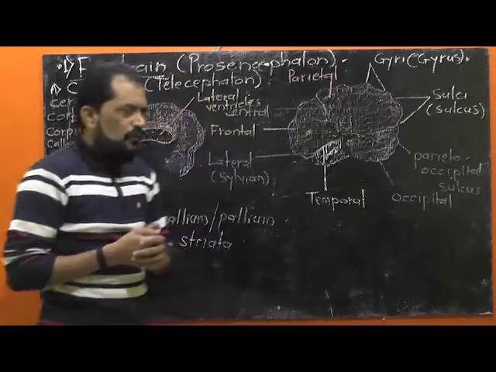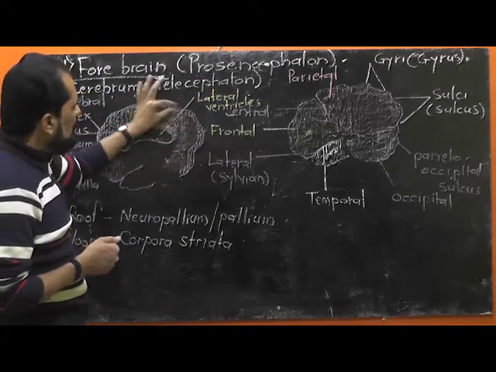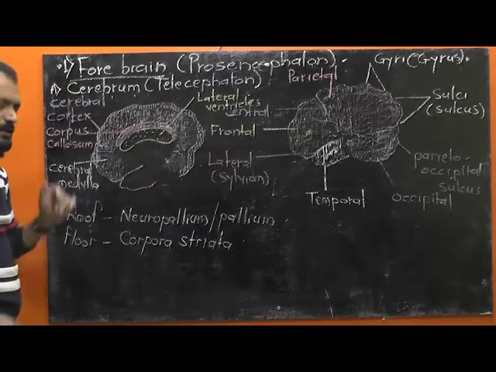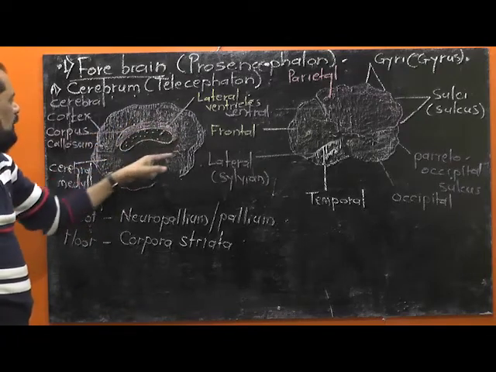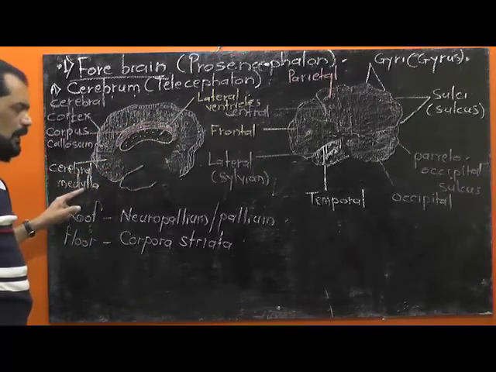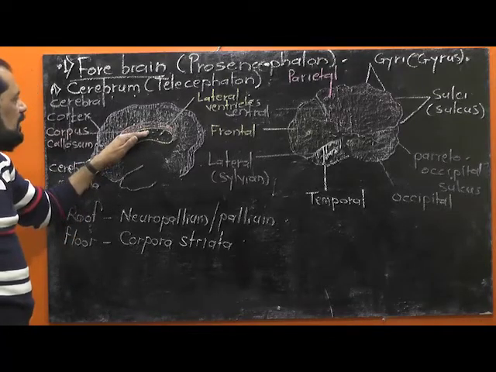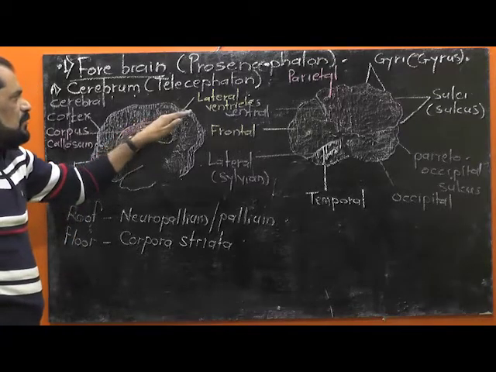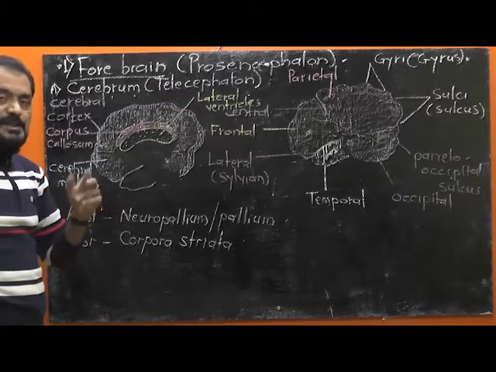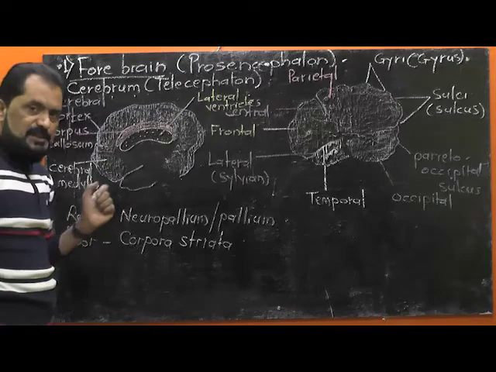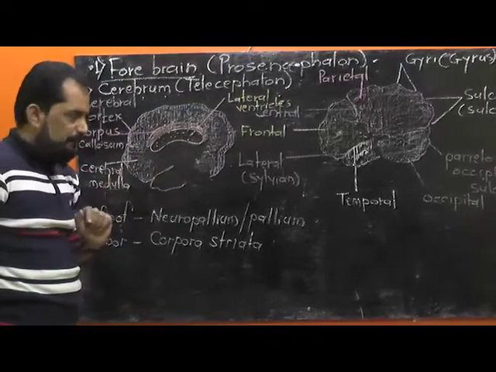I also told you that the cerebral hemispheres show a peripheral part known as cerebral cortex. It is made up of grey matter, while the internal part is known as medulla, made up of white matter. The cavity enclosed by cerebral hemispheres is known as lateral ventricle, or those cavities are called first and second ventricles or paracele, which remain filled with cerebrospinal fluid.